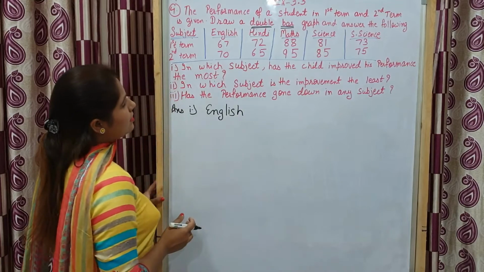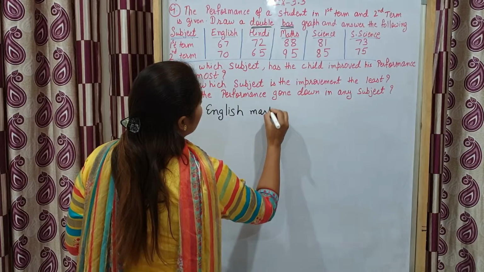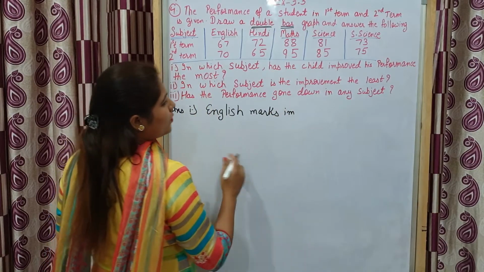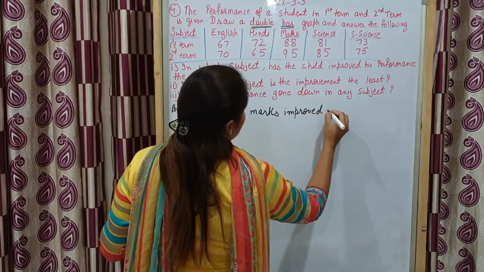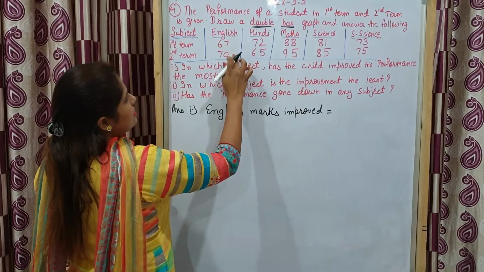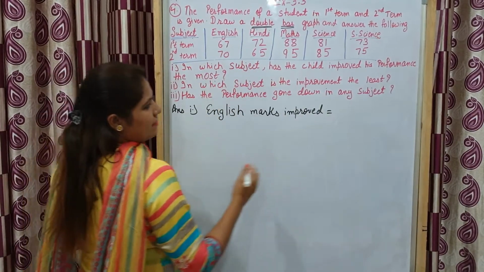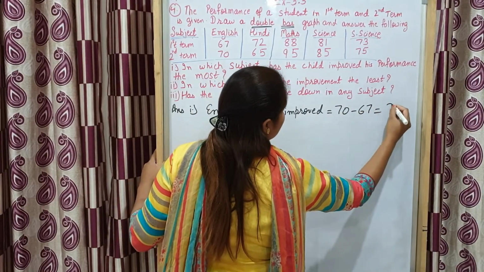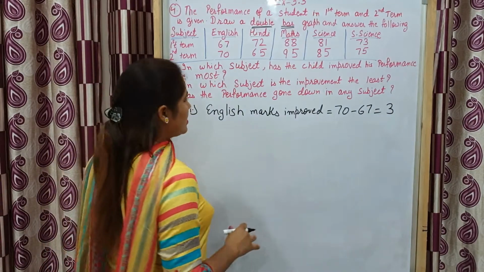We have to tell in English marks improved, or you can say performance improved. 67, 70. First it was 67, then next is 70. It means 70 minus 67. You got 3 marks more than the previous term.